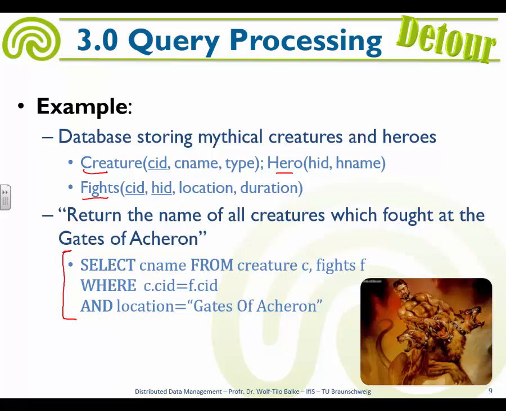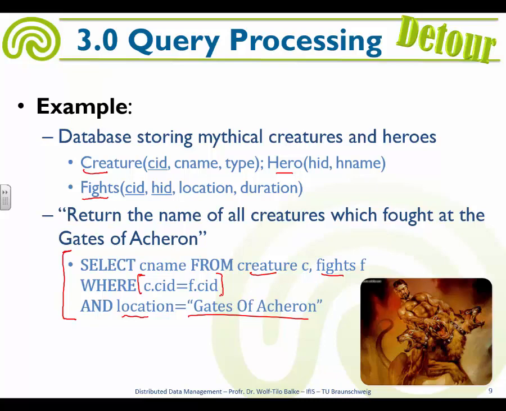So basically, we're just saying what we actually need is the creatures table, the fights table, and we need to make sure that the location, which is given by the query, fits exactly that description, and we need to make sure that the ID of the creature is the same ID that we're using from the fights table. This is just one possibility to do a simple SQL query given that database.